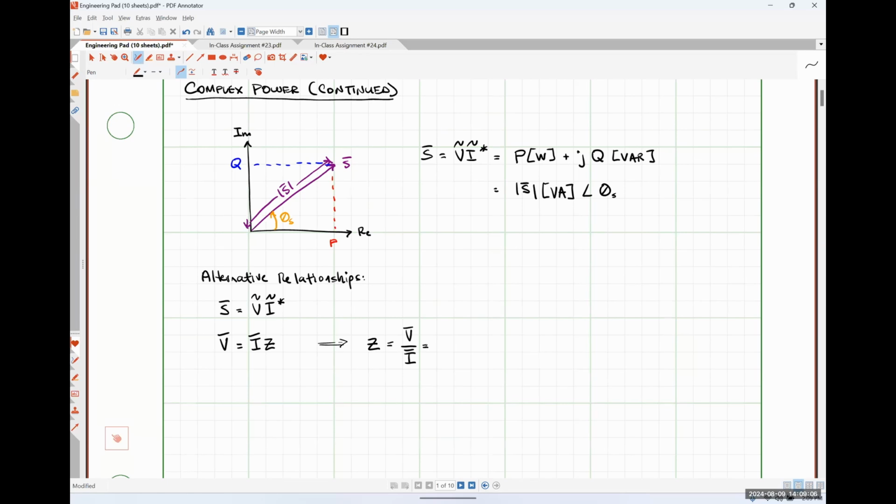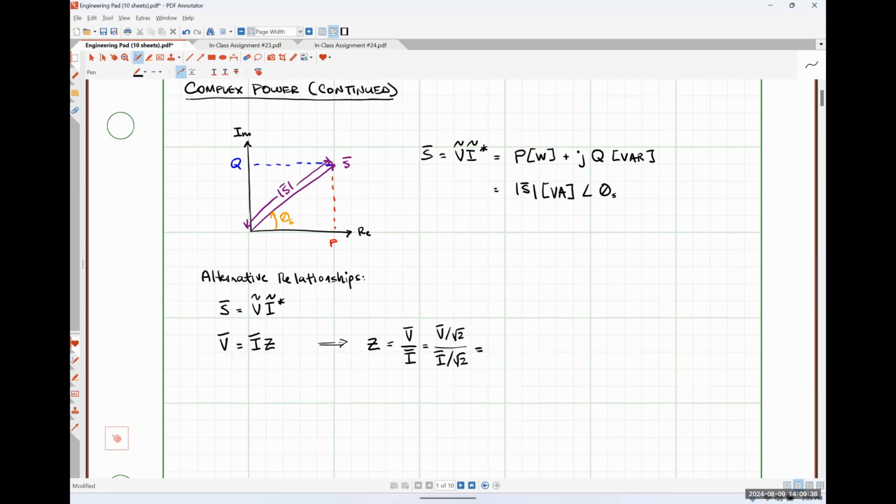Well, if I have phasor voltage V divided by square root of 2 over phasor current I divided by square root of 2, effectively I've just multiplied my impedance definition by a factor of 1 over the square root of 2 over 1 over the square root of 2, which is just a fancy representation of the number 1.